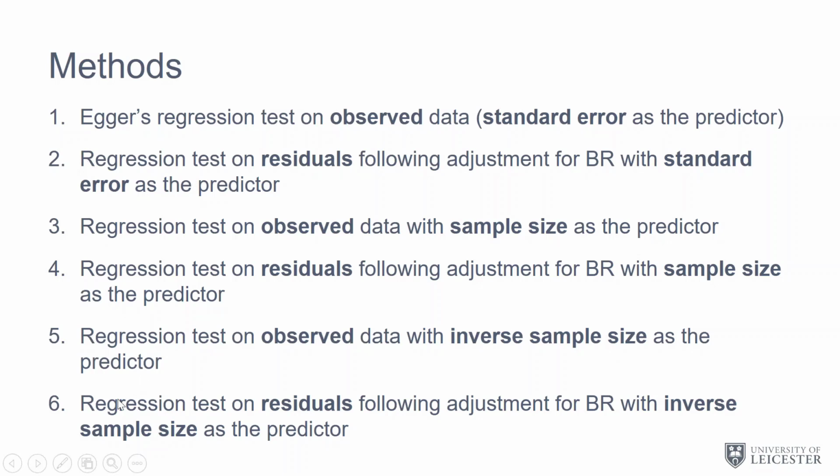In methods 2, 4, and 6, this is our new approach, where we first do our meta-regression, adjusting for baseline risk interaction, and then we conduct our regression test on the residuals, and we looked at standard error, sample size, and inverse sample size as the predictor.